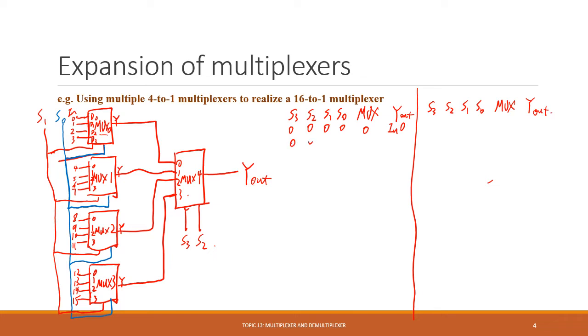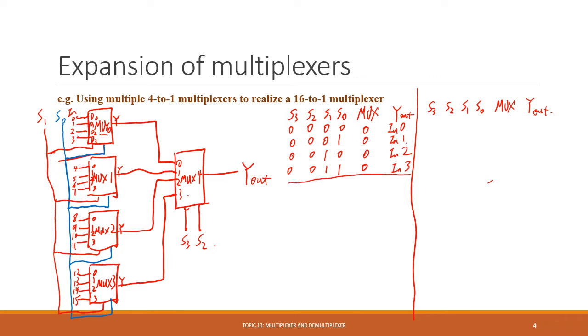If it's 0, 0, 0, 1, it's still mux 0. So in 1, 0, 0, 1, 0, still mux 0. In 2, 0, 0, 1, 1, still 0. In 3.